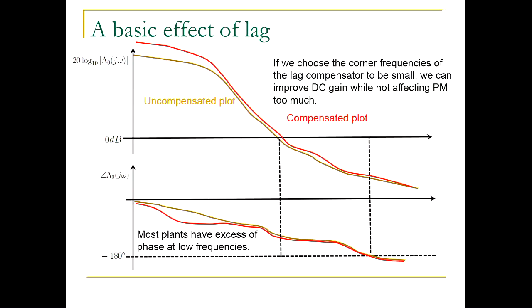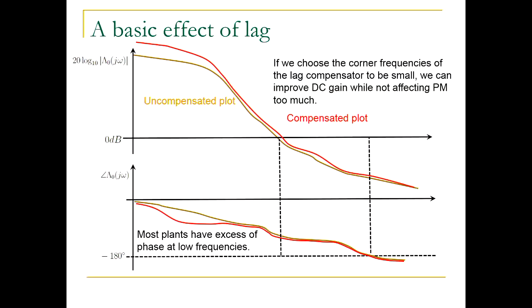So one is the basic effect of lag is to basically design lag so that all the lag effects are at very low frequencies which are far away from the crossover frequency, so that the lag phase would not negatively affect the phase margin for the compensated system.